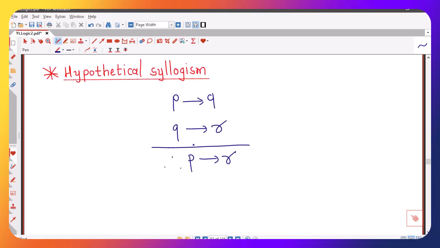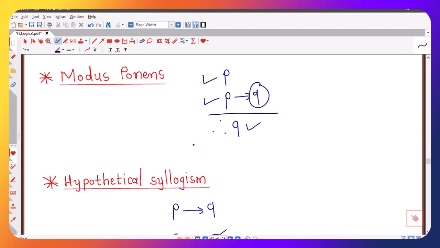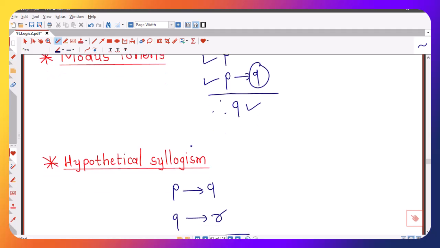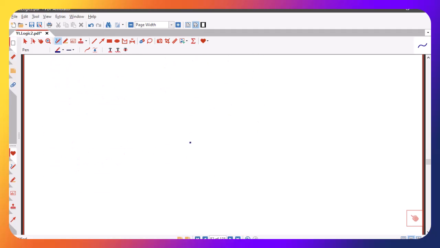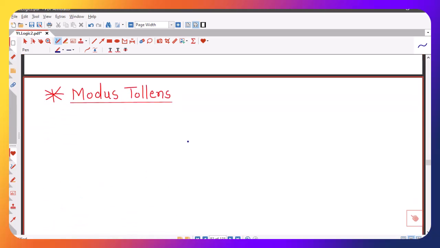We are not going to check the validity of all these rules of inference using truth table. You can check if you wish, otherwise we are going to remember all these rules of inference, and using these rules of inference we are going to check the validity of arguments or some other type of argument forms.